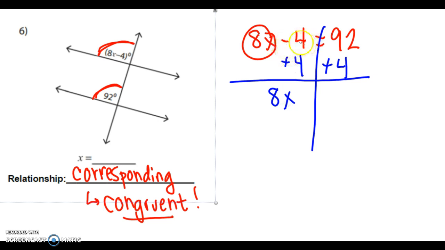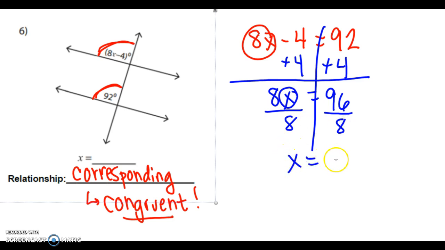I see a minus 4, so to undo that I add 4, giving me 8x equals 96. And then to get that x alone, I have to divide both sides by 8, giving me x equals 96 divided by 8 is 12. So 12 degrees there for your final answer.